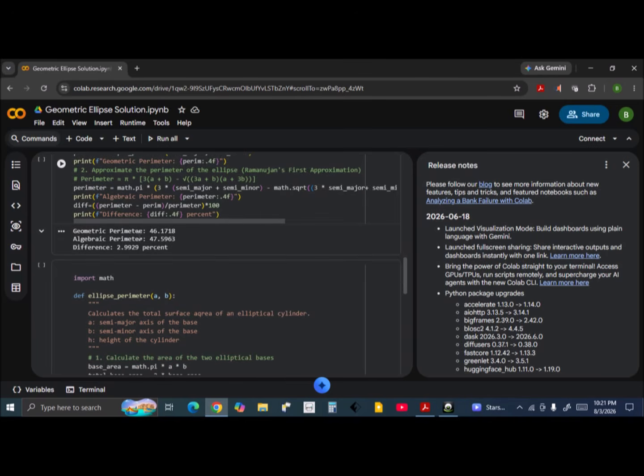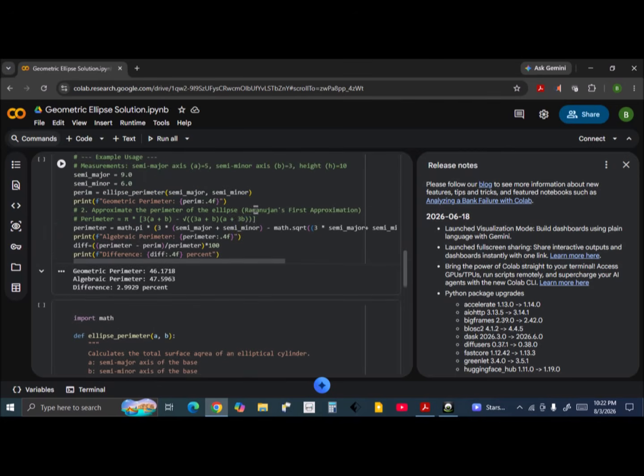The geometric perimeter was 46.1718. Algebraic perimeter was 47.5963. That's Ramanujan's value. And the difference was about 2.9929%, which is pretty close.